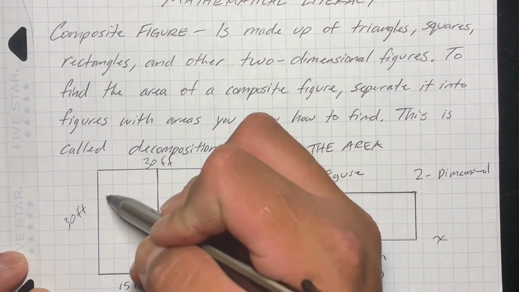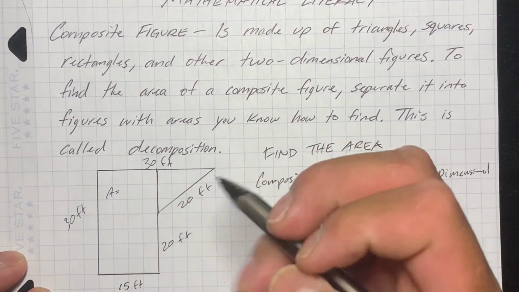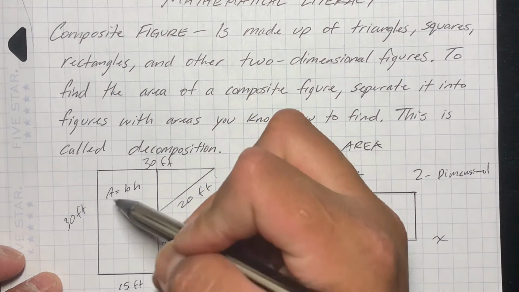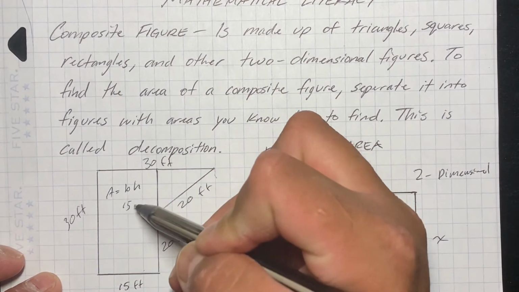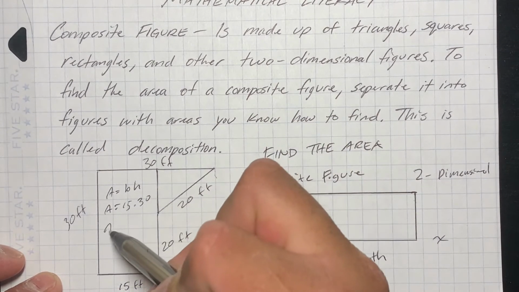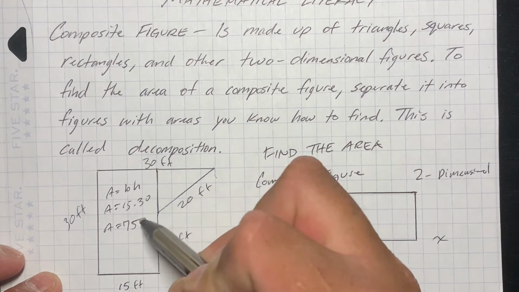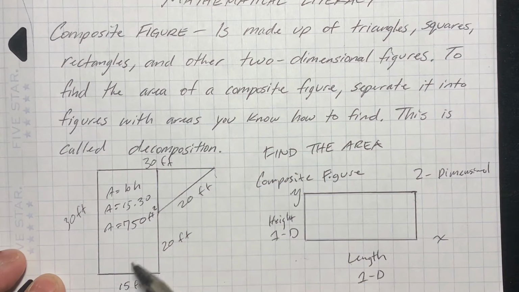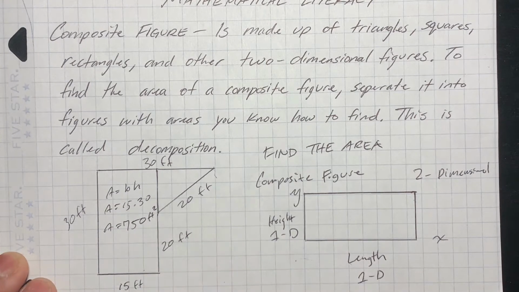The area of a rectangle would be area equals base times height. If your base is 15 and your height is 30, 15 times 3 equals 45. Add that 0, so this is going to be 450 feet squared, just for this rectangular part here.